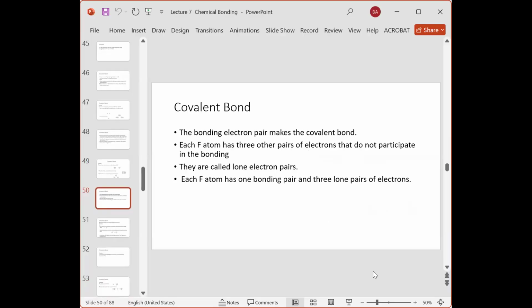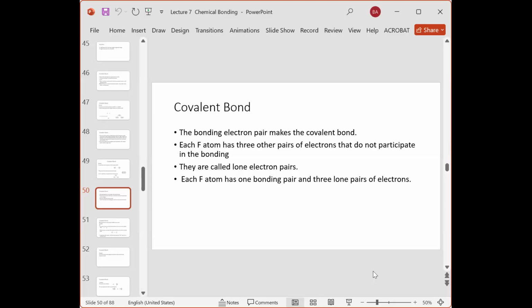So the bonding electron pair makes the covalent bond. Fluorine atom has 3 other pairs of electrons that do not participate in the bond. They are called lone electron pairs. The ones that don't take part in the bonding, we call them lone electron pairs.